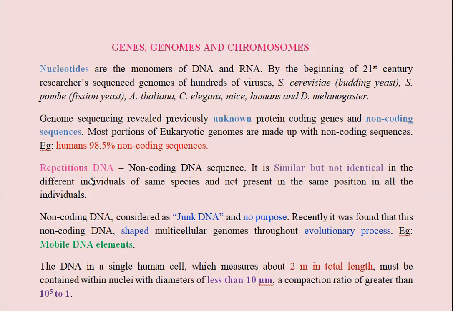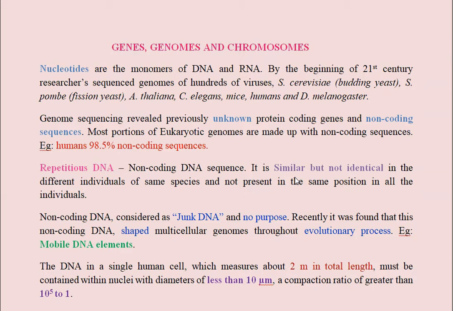in each repetitive DNA length. Okay, so these repetitive DNAs are similar in all the individuals of the same species, but not identical. That means, for example, if you take humans, we all are Homo sapiens, right? So we have non-coding sequence which is similar in sequence, but not exactly identical.